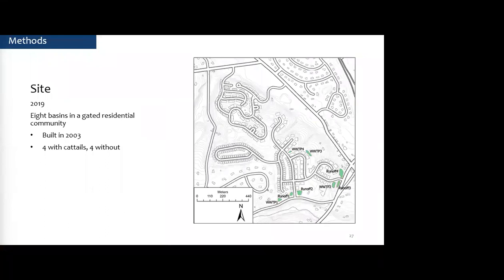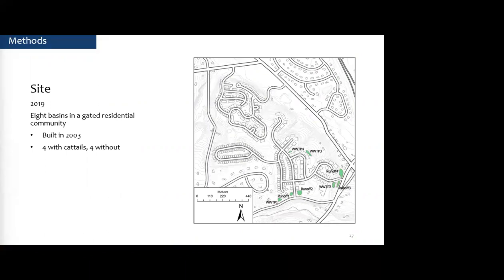The site where I conducted this study was a residential community, and I looked at 8 detention basins there. One of the advantages of using this site was that the whole community, including the basins, were built at the same time in 2003. The basins are very close geographically and have the same types of maintenance regimes.